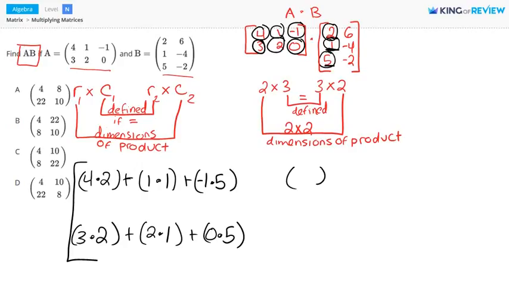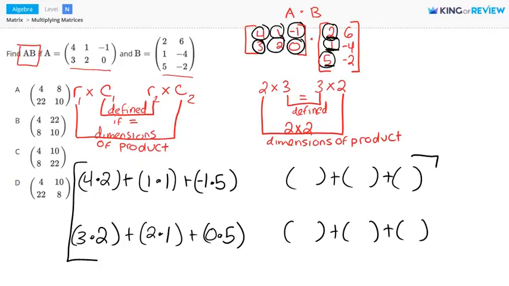And now we'll work with column 2. I'm just setting up how we're going to compute these entries here. So we have 4 times 6 plus 1 times negative 4 plus negative 1 times negative 2.